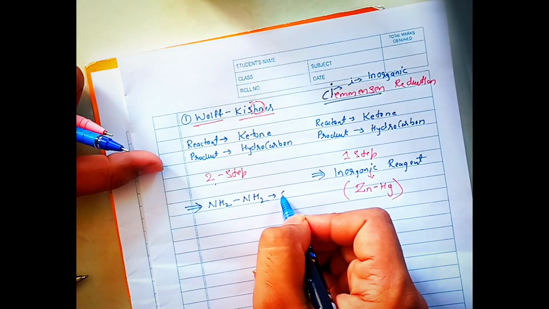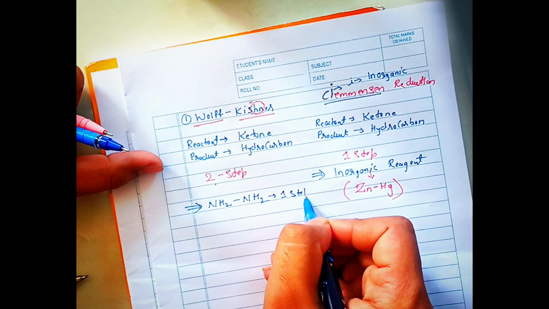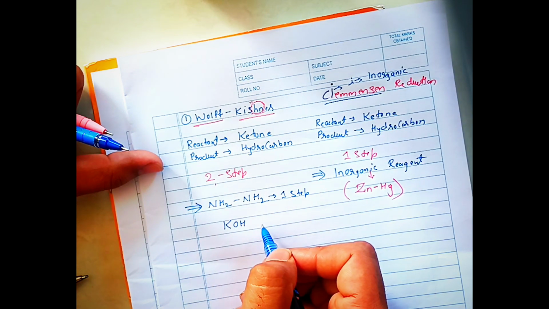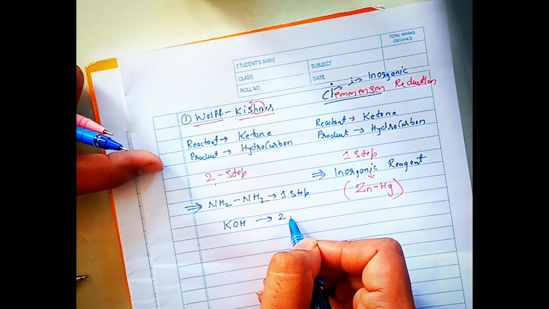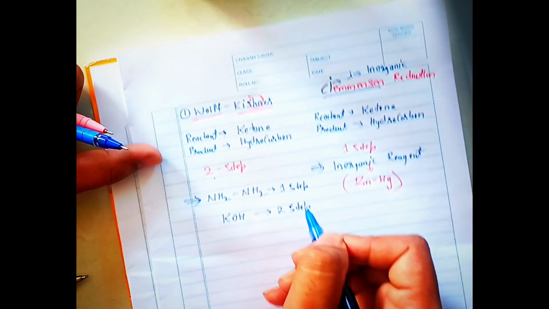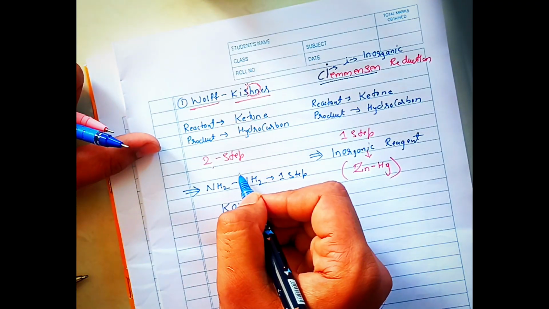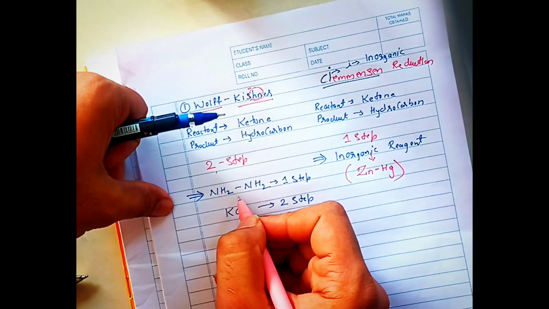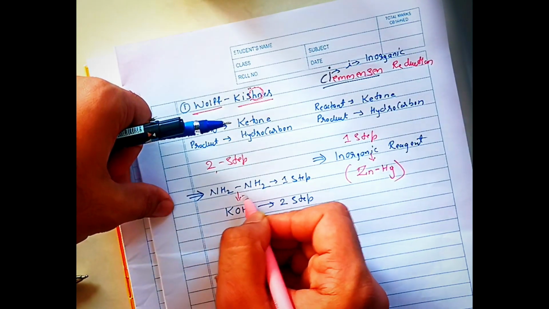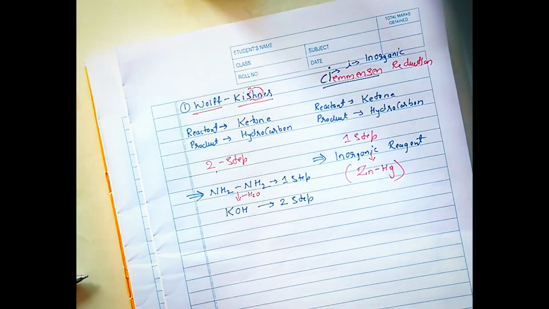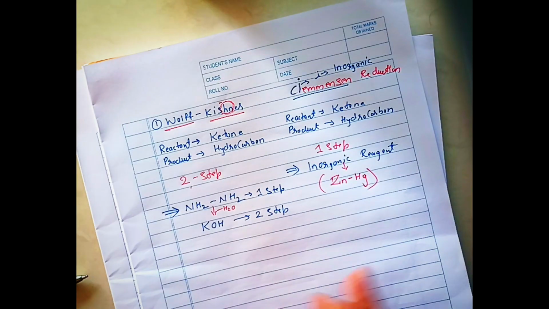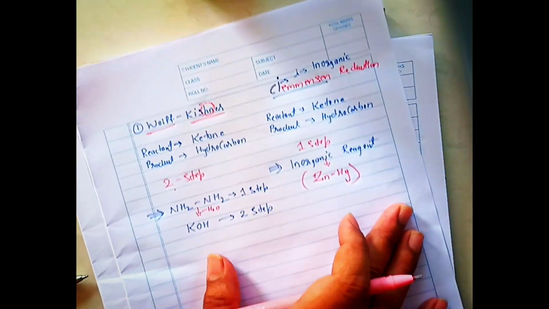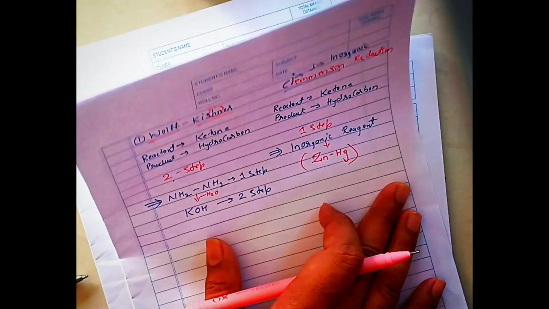This will be the first step and the second step will be KOH, right? So this will be the second step, and then there will be removal of water. So this is the short note of Wolff-Kishner and that of the Clemmensen reduction.